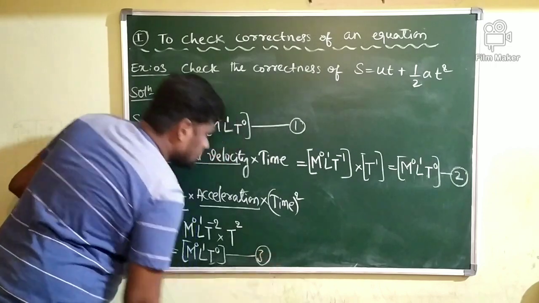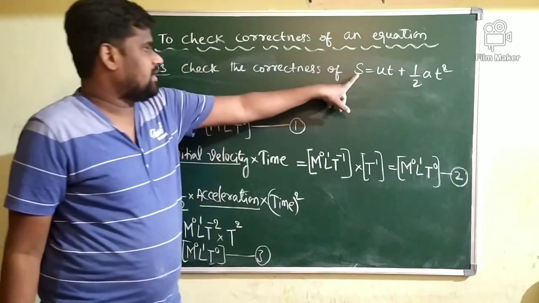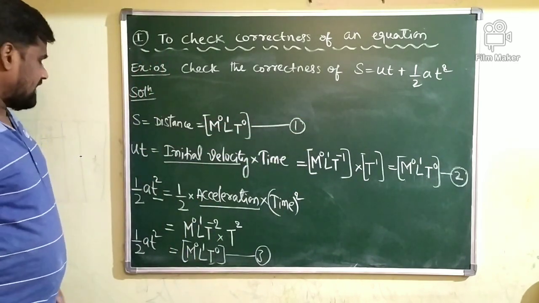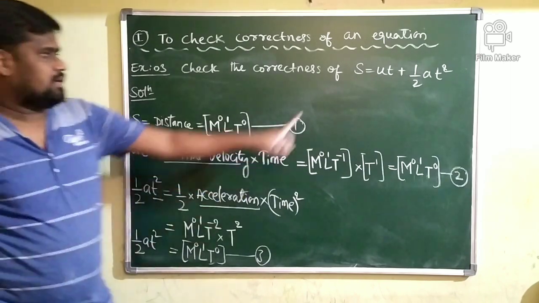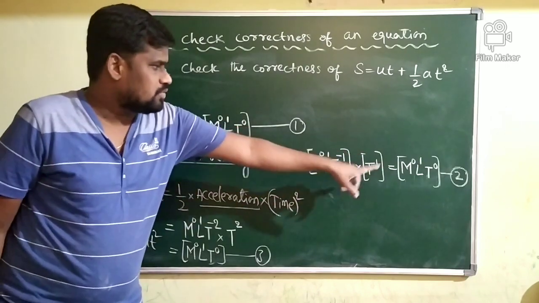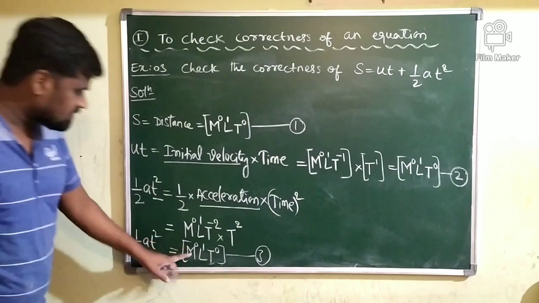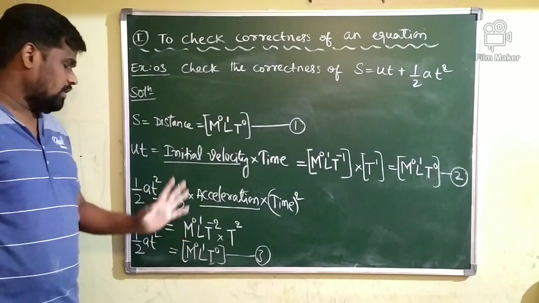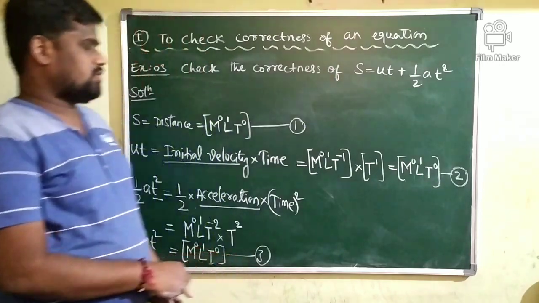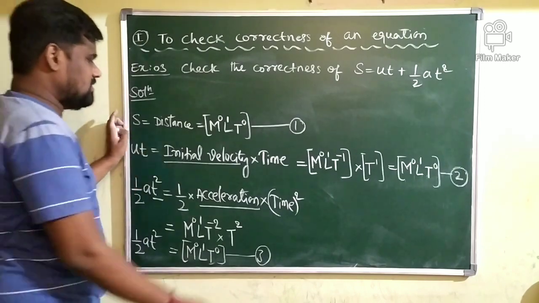That is equation 3. What is the conclusion? First term, that is S, M0 L1 T0. Second term, that is ut. Ut dimension is also M0 L1 T0. Third term, half at square. Its dimensions are also M0 L1 T0. What is the conclusion? All the terms in the equation have the same dimensions. Hence, the equation is correct.